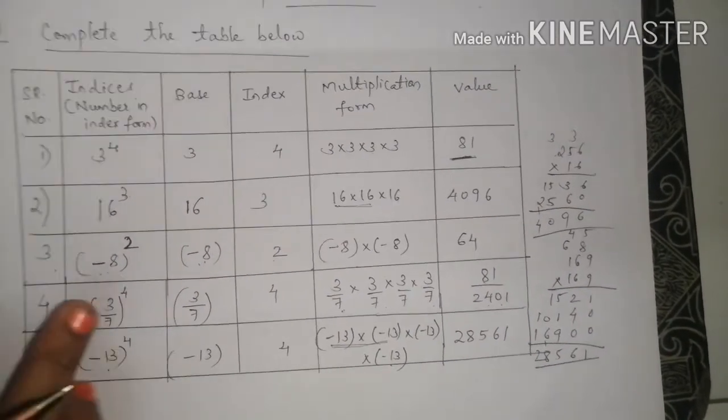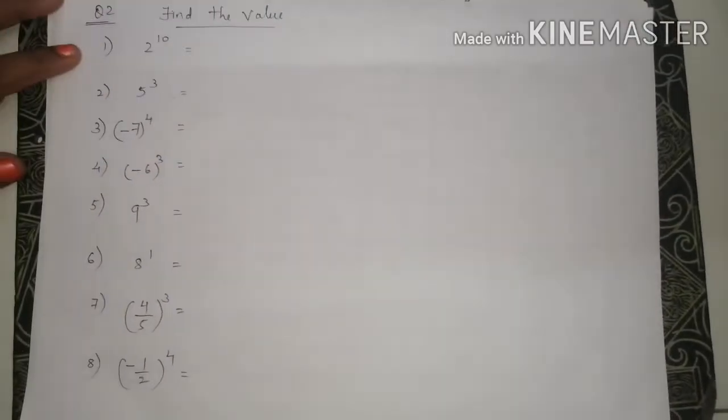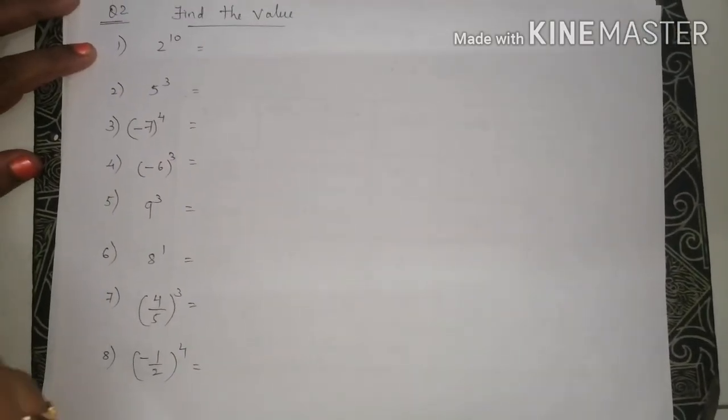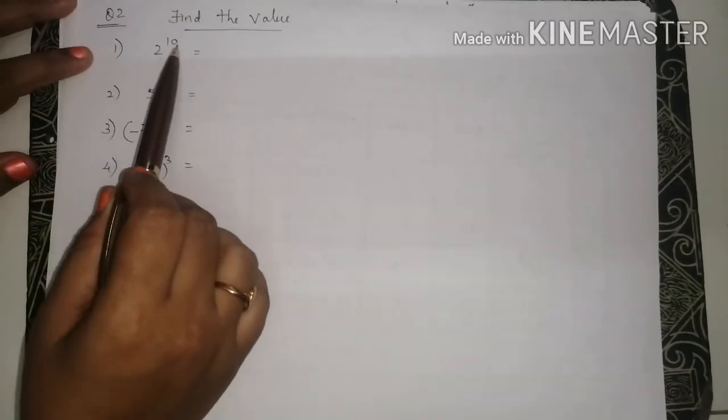Let's move to question number 2. Find the value. Just now in question number 1, in the last column, we did find the value. So let's do the same in question number 2. The first number is 2 raised to 10.